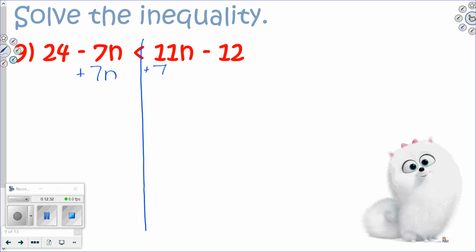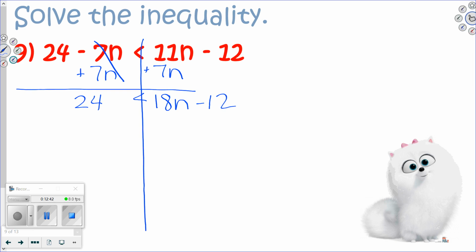Add 7n. Again, guys, you have many options when you're working through these problems. So that's going to give me 18n. All right, now what do you want to move? Add the 12.